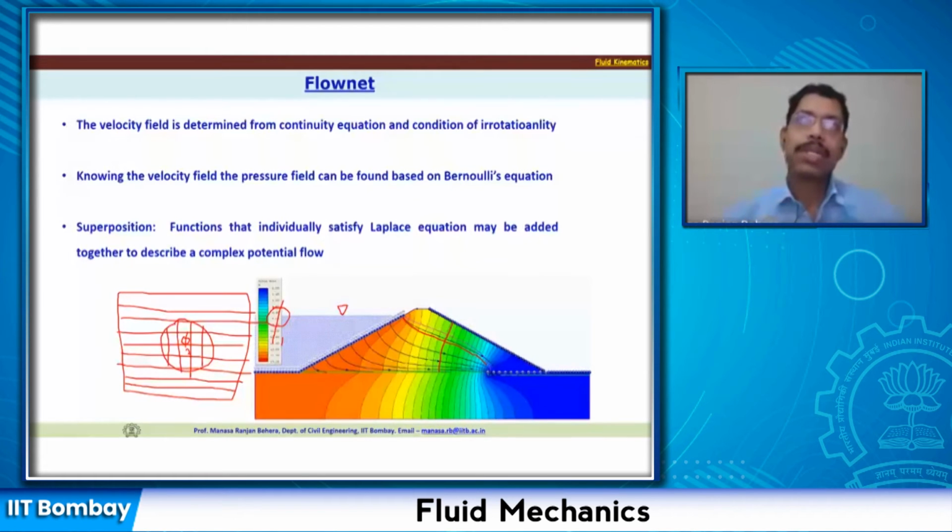We know that property, the discharge between two streamlines is the difference between the values obtained for the streamlines, let us say psi 1 and psi 2. Okay, so psi 1 minus psi 2 or psi 2 minus psi 1 is going to be constant all through.